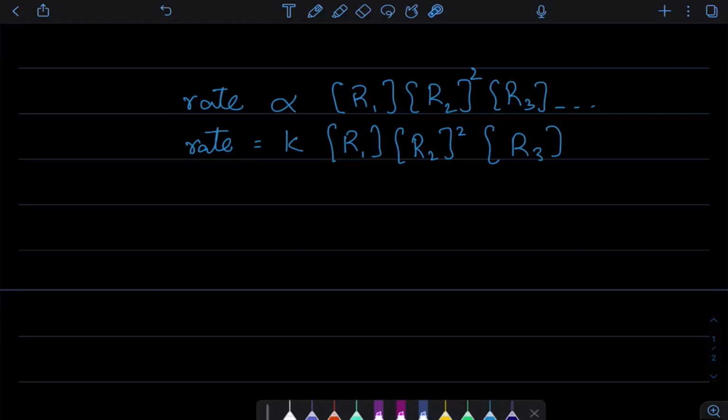R1 को हाफ कर दोगे तो रेट हाफ हो जाएगा. सेकेंड ऑर्डर विद रिस्पेक्ट टू R2, यानी कि R2 को अगर आप डबल करोगे तो रिएक्शन 4 टाइम्स इंक्रीज करेगा.